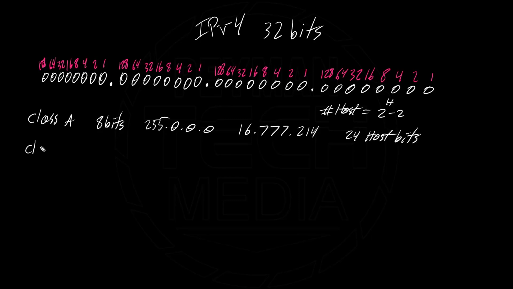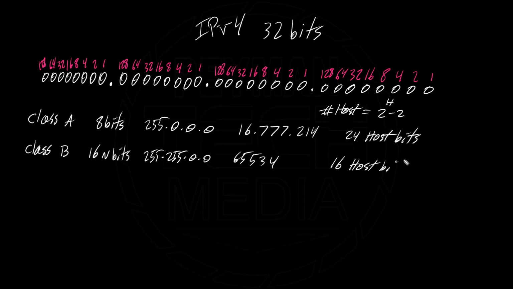In class B, we have 16 network bits, and the default subnet mask is 255.255.0.0. The available IP addresses are 65,534, because we have 16 host bits as well. So 2 to the power of 16 minus 2 is 65,534 for every network.